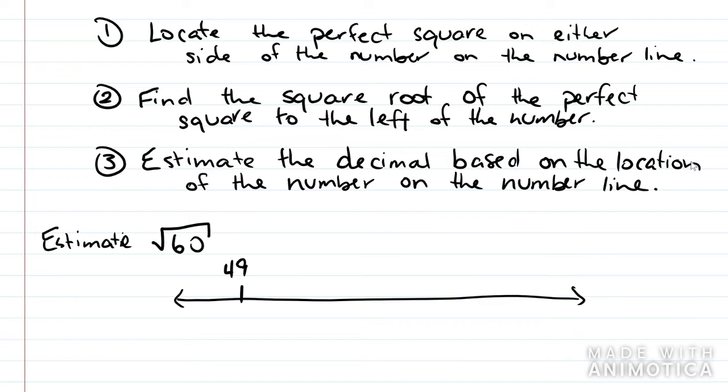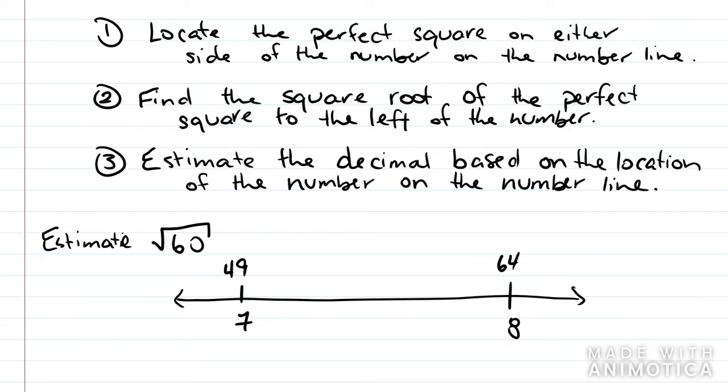And what is a perfect square bigger than 60? Probably 64. Oh, I skipped a step, didn't I? So find the square root to the left of the number. The square root of 49 is going to give us 7. 64, it's going to give us 8.